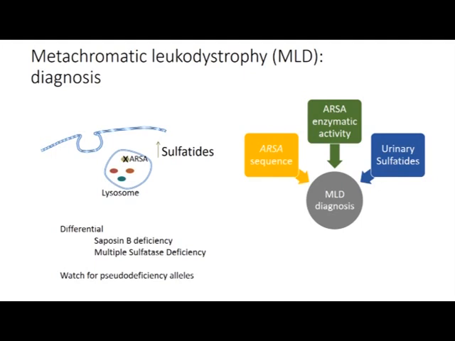In multiple sulfatase deficiency, children can have low levels of ARSA activity plus elevated urinary sulfatides, and this becomes increasingly difficult to determine whether a child has MSD or MLD.